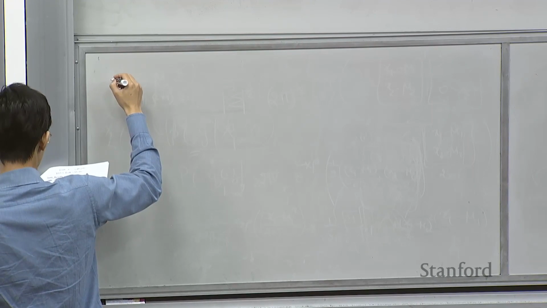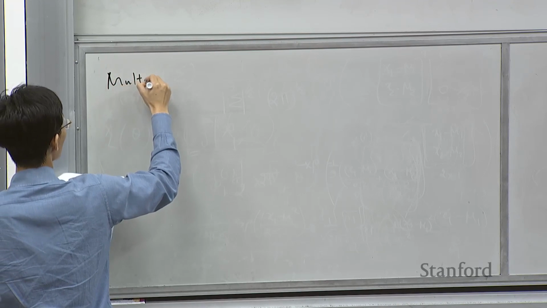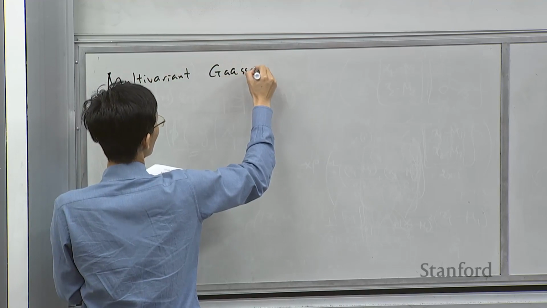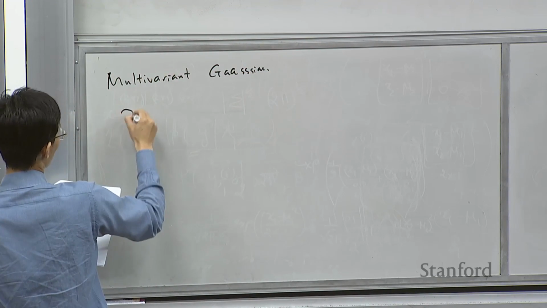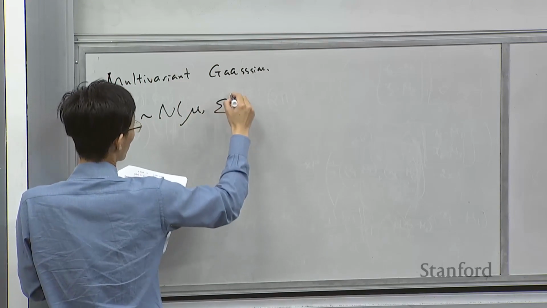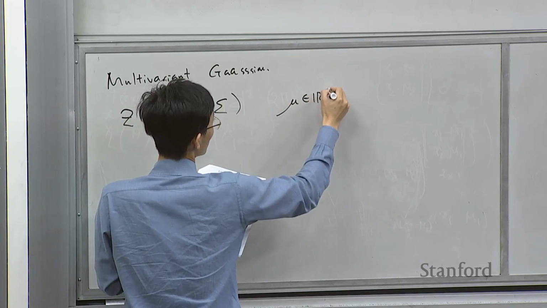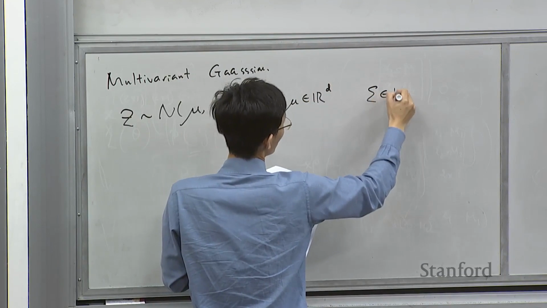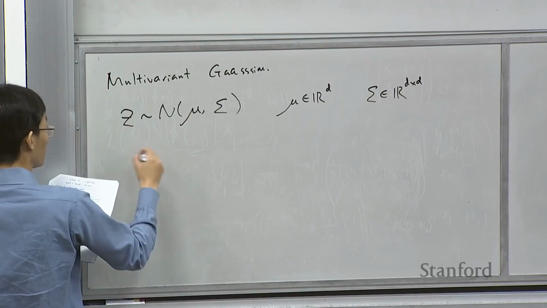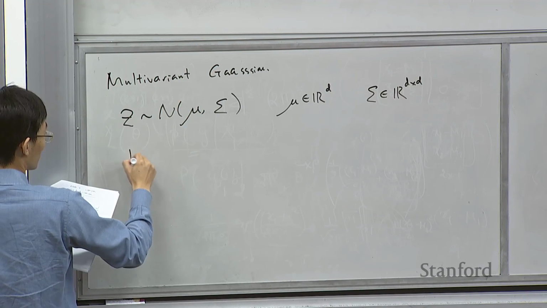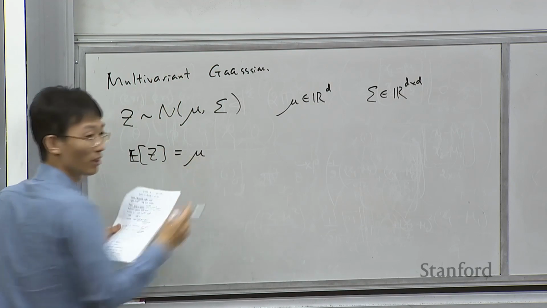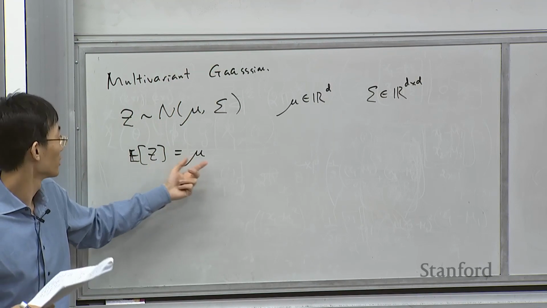So if you have a multi-dimensional Gaussian random variable, suppose you have some random variable z sampled from this Gaussian distribution with mean mu and covariance sigma. Here mu is a d-dimensional vector and sigma is a matrix, the so-called covariance matrix. The property you need to know is that, as the name suggests, the expectation of z is the mean parameter mu.